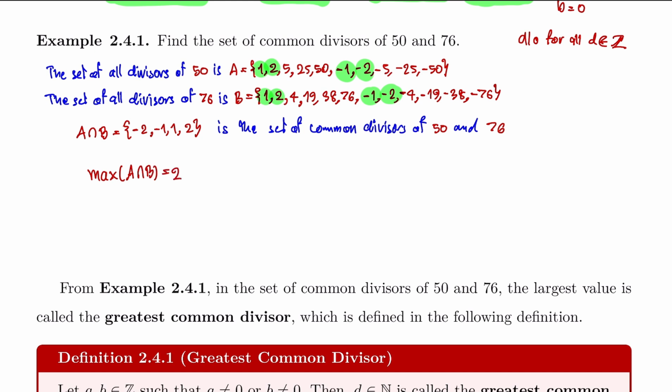And this number 2 is called the greatest common divisor of 50 and 76. So in this section, we will focus on this number 2, or the greatest common divisor, which is defined in definition 2.4.1.